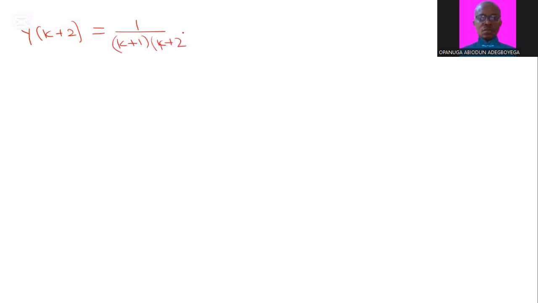So we have this: a negative summation r from 0 to k, Y(r) Y(k-r), plus 1 over k factorial sine of k pi over 2, bracket closed.